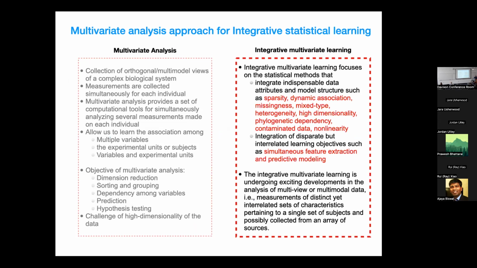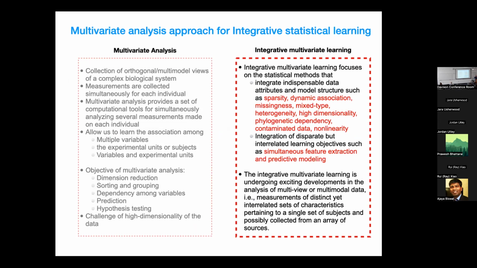Now, there are already existing frameworks, but when we see all of these omics data sets coming from different sources, the classical multivariate analysis framework was developed thinking about the methodology in a very ideal setting.